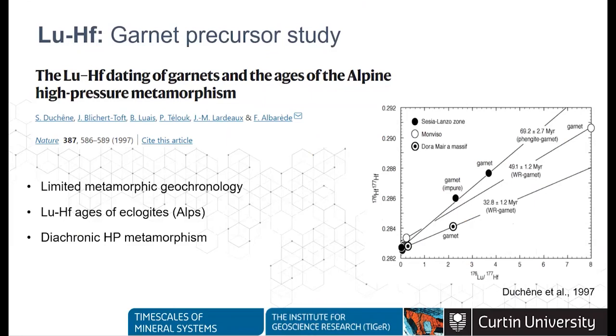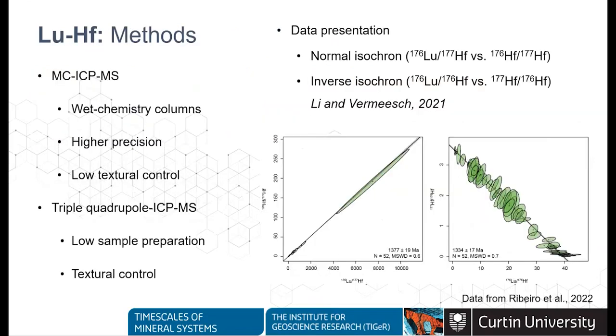And again, they made it to Nature because at that time, in 97, it was really difficult to measure the hafnium isotopes in garnets. How can we do this? We can do this by using multi-collector ICP-MS, but then again, it needs to go through the whole wet chemistry column separation.